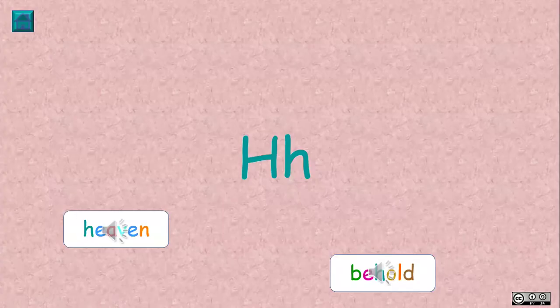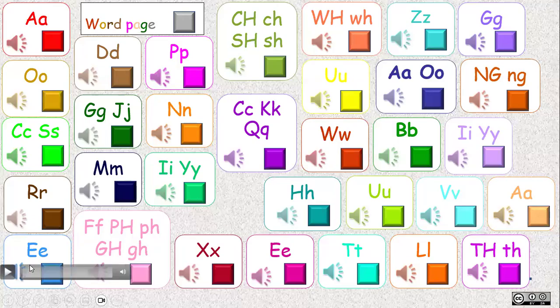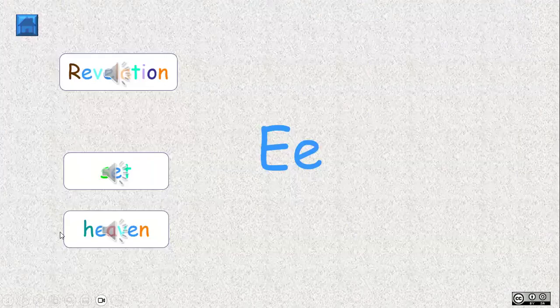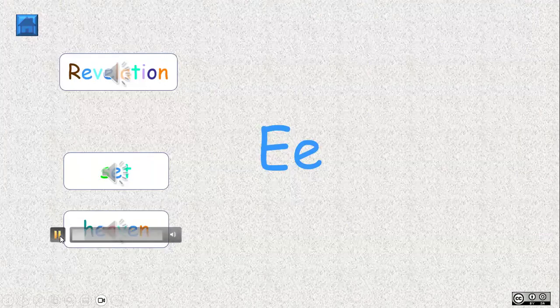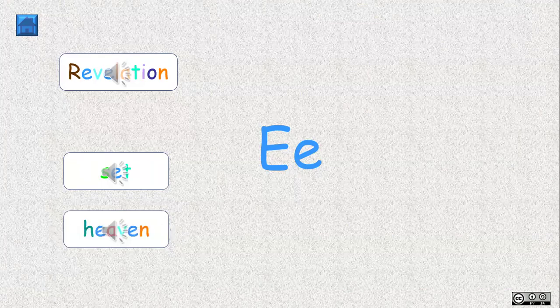The next sound in the word heaven is the blue E again. It says eh. We'll find the eh sound on the home page. There we go. Eh. Go to that page. And it says heaven. The next sound, it's another one of those sounds that you may not hear unless you slow it down.